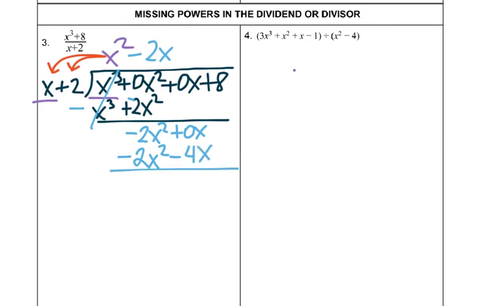Don't forget, you're subtracting, which means you have to change the signs. That gives me 4x. Bring the last term down and repeat the process. 4x divided by x is 4. Multiply down. 4x plus 8.